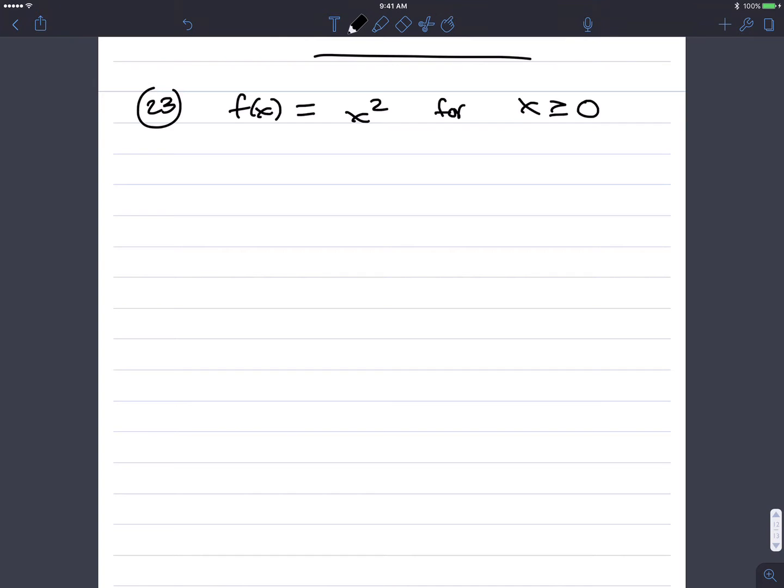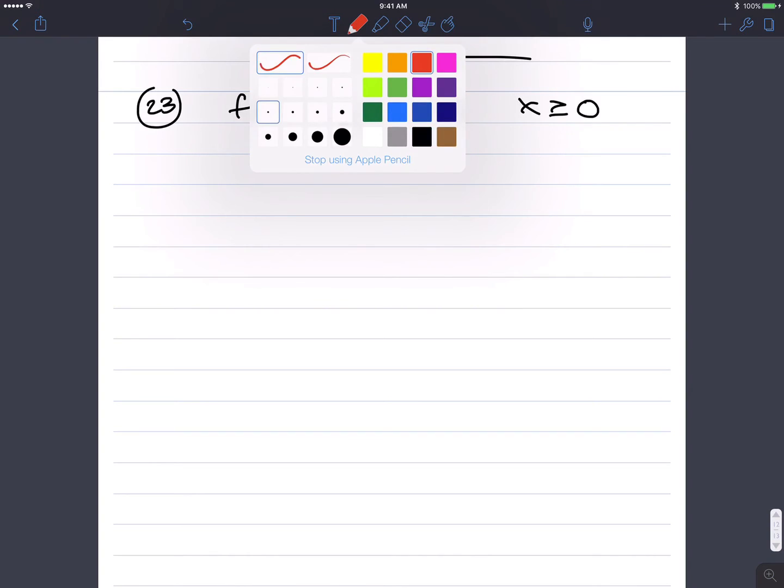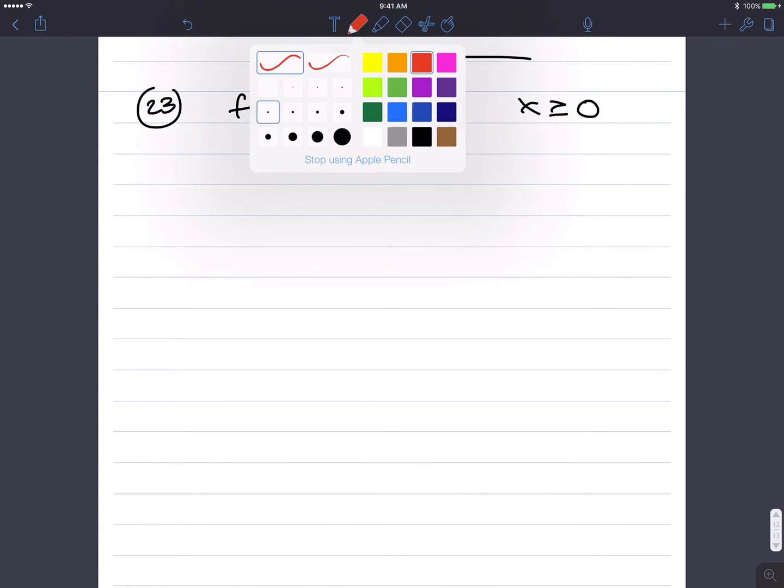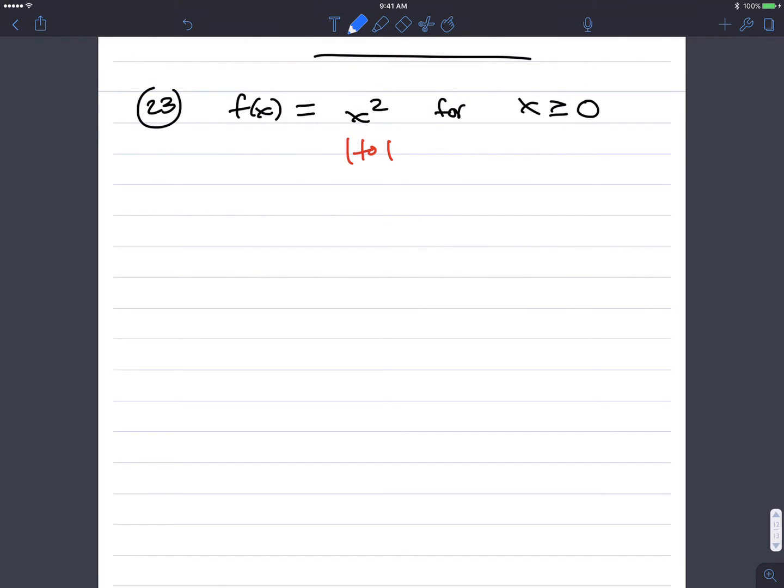What does this curve look like again? Change the color. See what we're looking at. What kind of functions have inverses? 1-to-1 functions. Good. Is this parabola 1-to-1? Is a parabola 1-to-1? Generally, no.